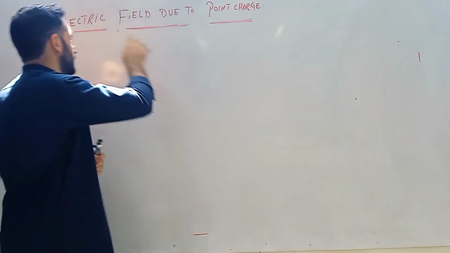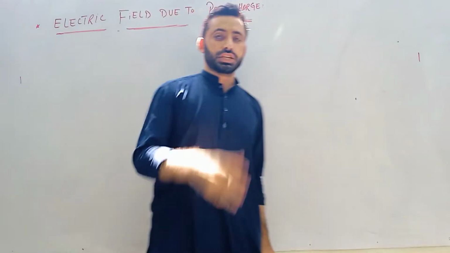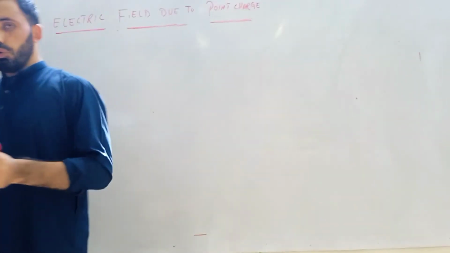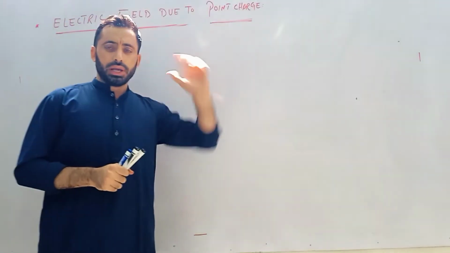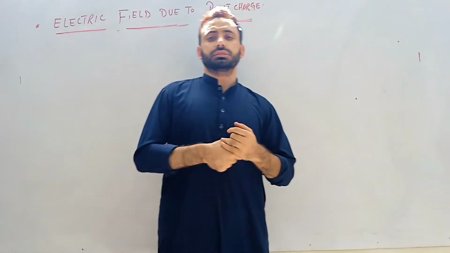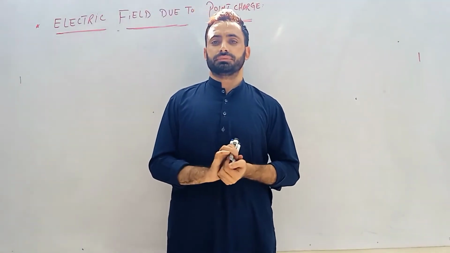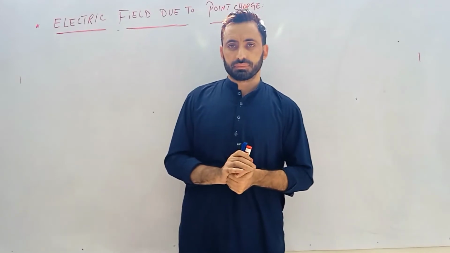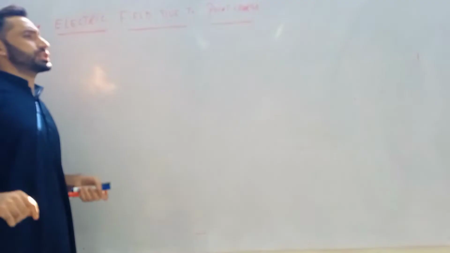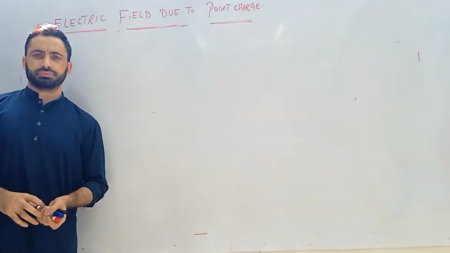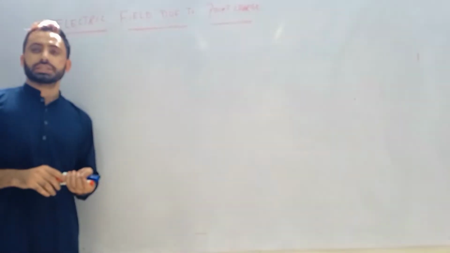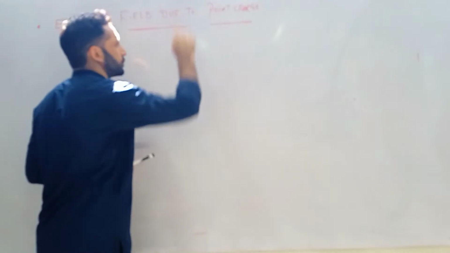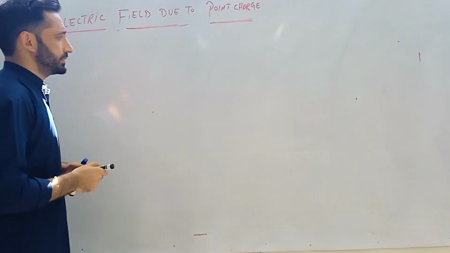Topic: electric field due to a point charge or source charge. The main target of this topic is how the electric field decreases or increases, and what the electric field depends on. Electric field due to a point charge or source charge.